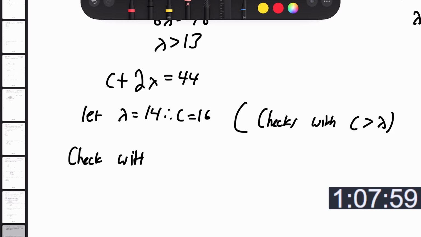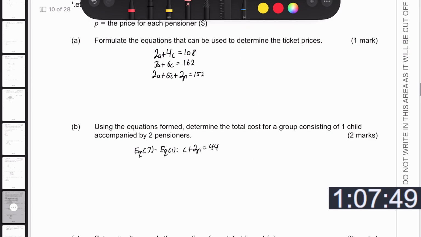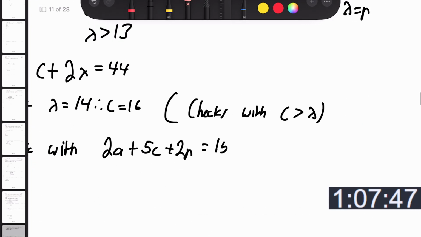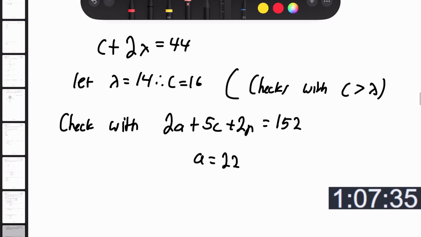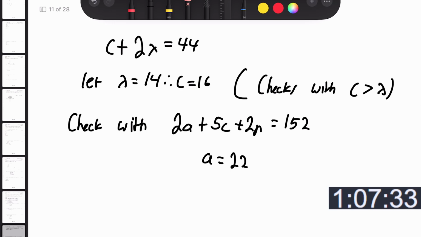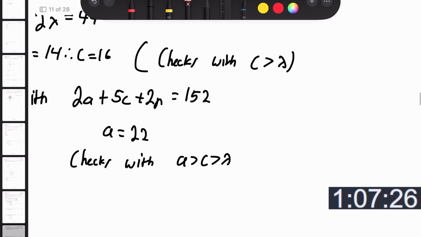Check with 2a plus 5c plus 2p equals 152. So solve 2a plus 5 times 16 plus 2 times 14 equals 152, and this checks with a greater than c greater than lambda.